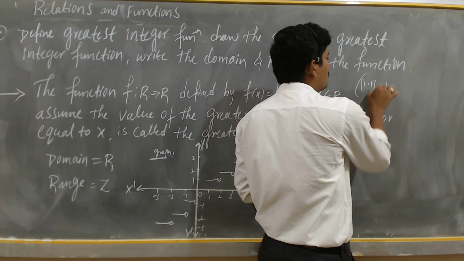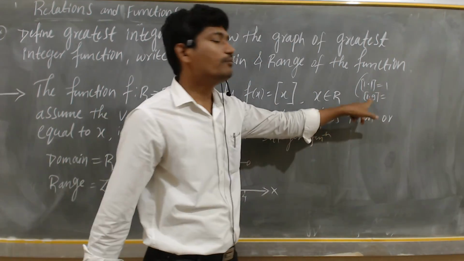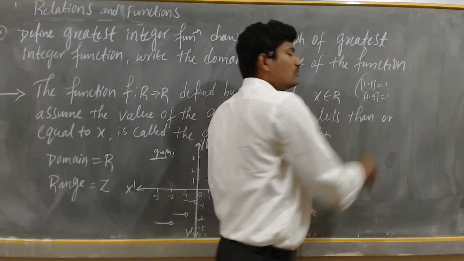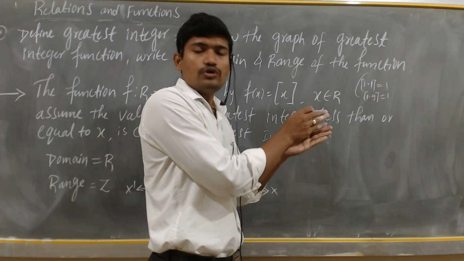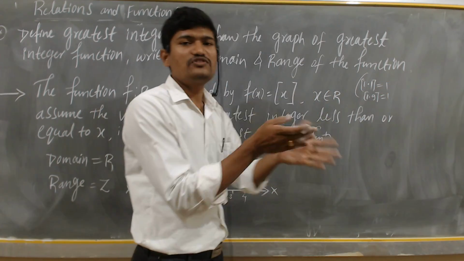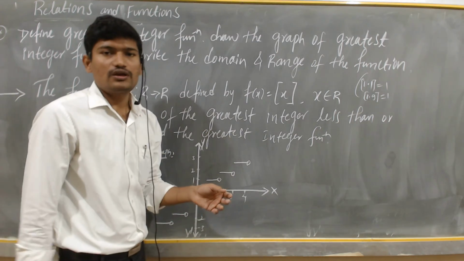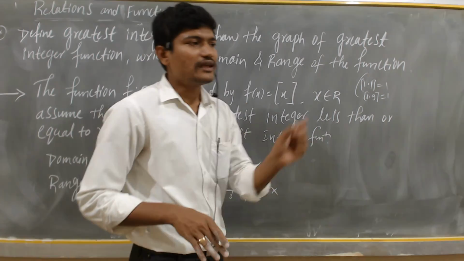For example, if you take 1.9, again we will consider 1 only. So from 1.1 to 1.9 we will consider 1 only. That is the speciality of a step of x. In decimal numbers we will take the perfect value.